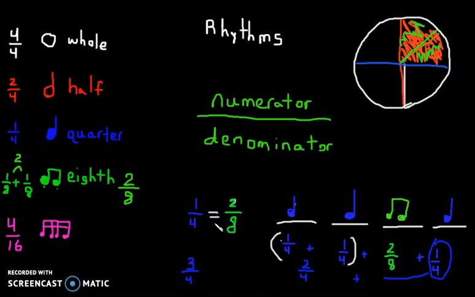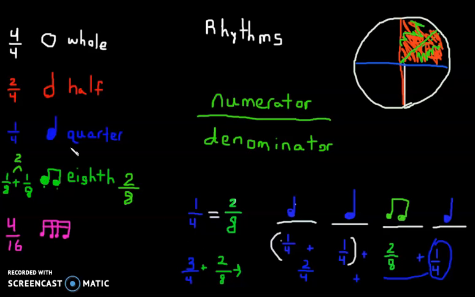Now we have this 2/8, so we have 3/4 plus 2/8. Well, what are we going to do? We're going to change one of these fractions. Earlier, we said that 2/8 is equal to 1/4. So really, we can change this.